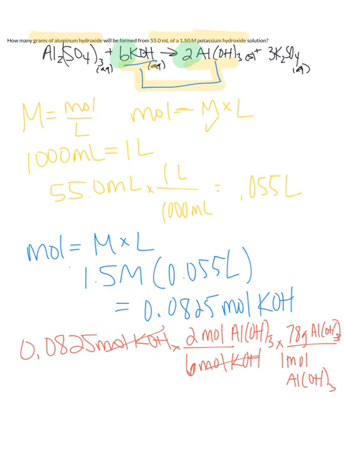That's a big formula. All right, so now my moles cancels out, and I'm going to end up with grams of aluminum hydroxide, which is what I wanted. When I multiply everything in the numerator and divide by everything in the denominator, I get 2.15 grams of aluminum hydroxide.